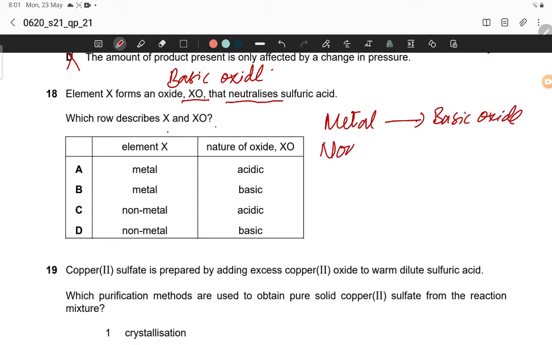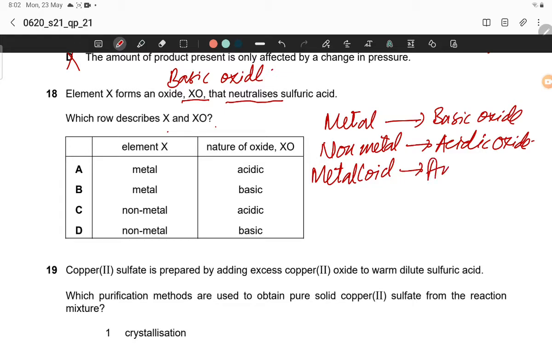non-metal forms acidic oxide, and metalloid forms amphoteric oxide. So it is a basic oxide which neutralizes sulfuric acid, so it must be metal.